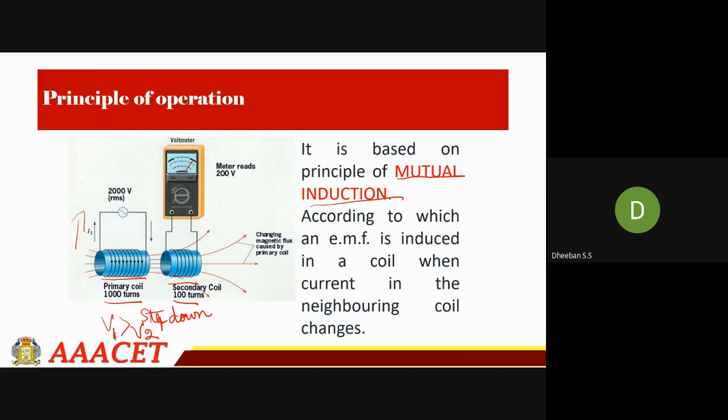If there is a current flow I1 over this circuit, then due to mutual induction there will be a flow of current in this circuit also. It is mainly due to the changing magnetic flux caused by the primary coil. According to this, an electromotive force EMF will be induced when the current in the neighboring coil changes. That's the main principle involved.